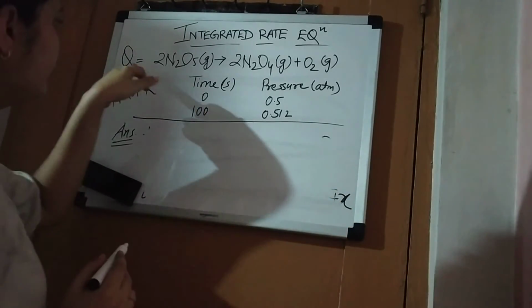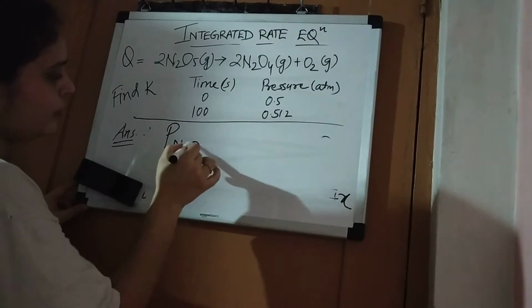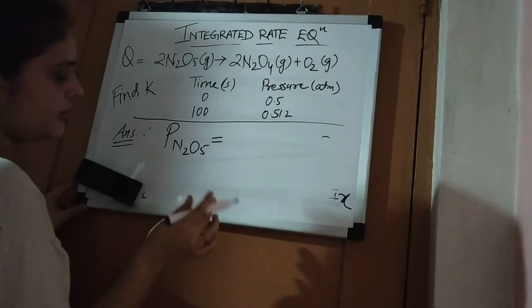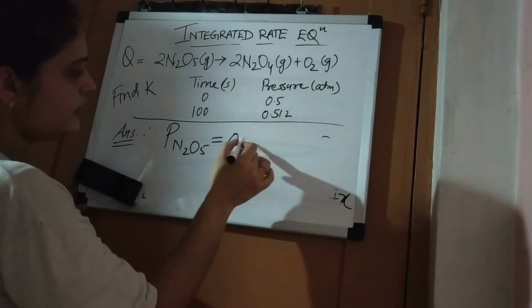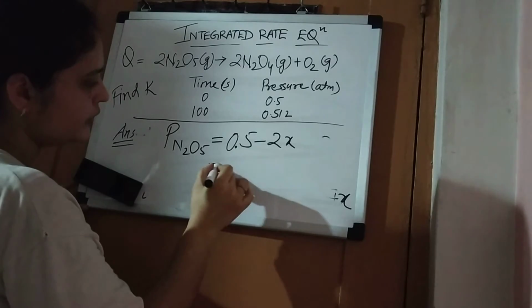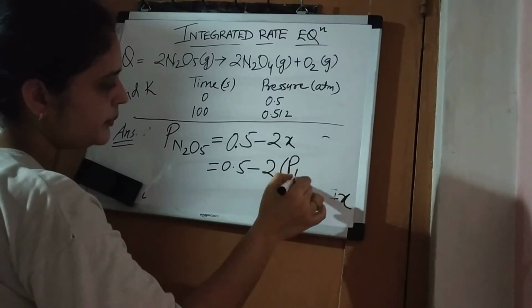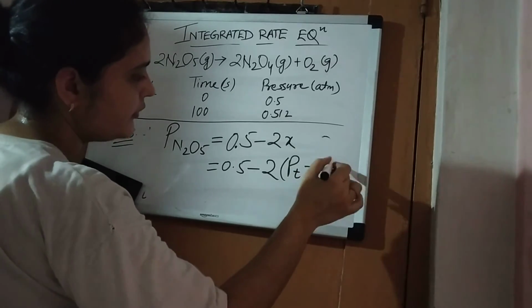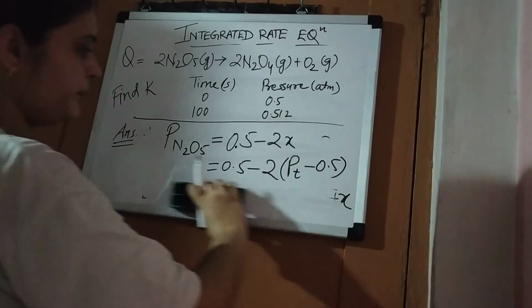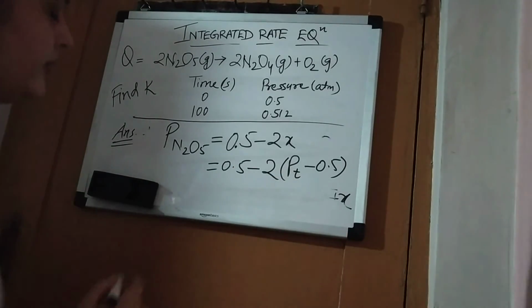What we need to find out is the pressure of N2O5. So what was it? It was 0.5 minus 2x, right? So it will be equal to 0.5 minus 2 into (PT minus 0.5).